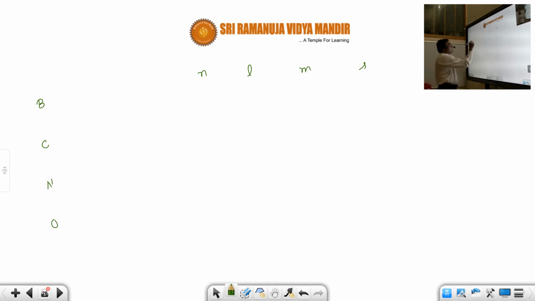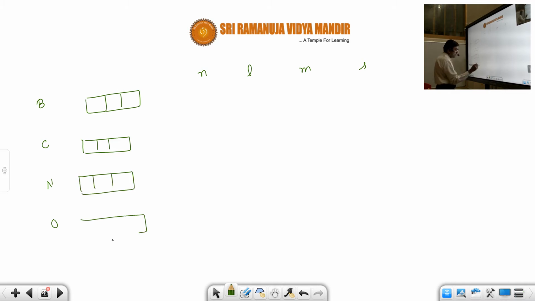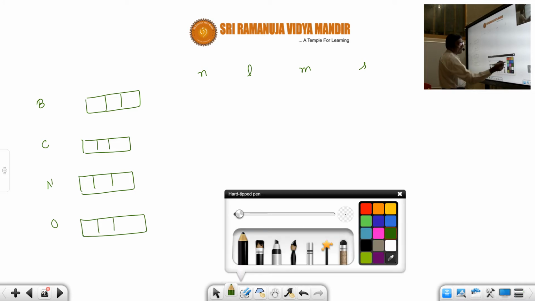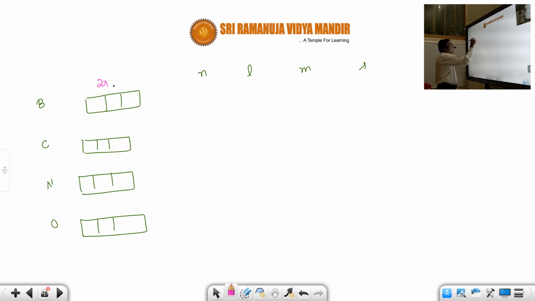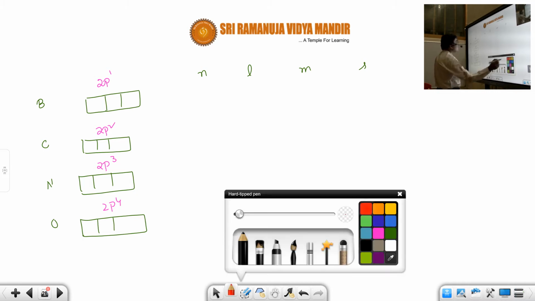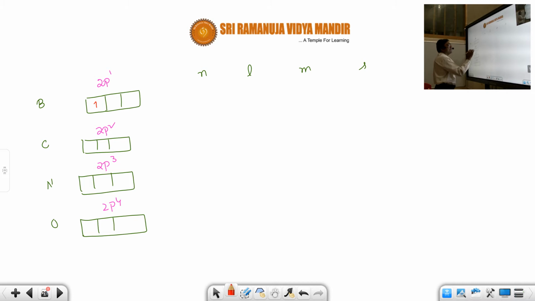Boron is in 2p1, this is 2p2, this is 2p3, this is 2p4. Agreed? Now just write where the electron is. Write the last electron. Now let us assign the quantum numbers, which are the unique ID, for boron.